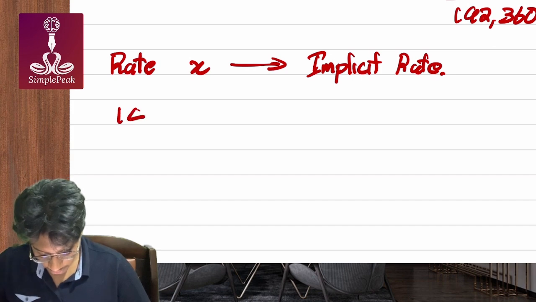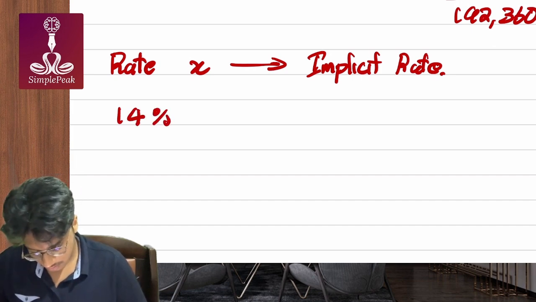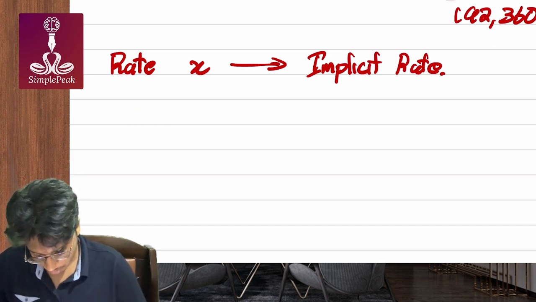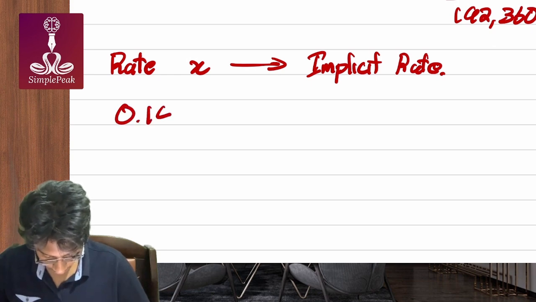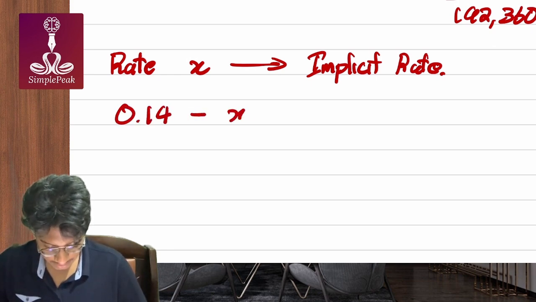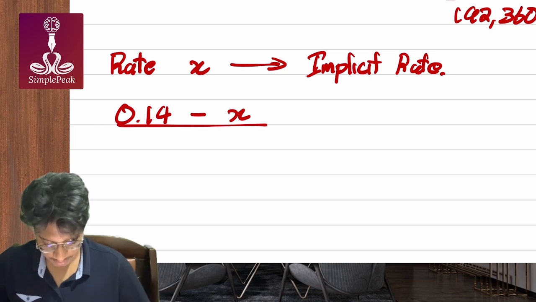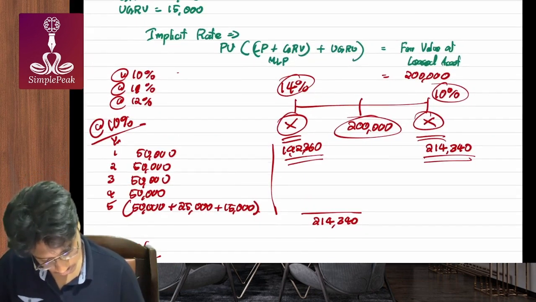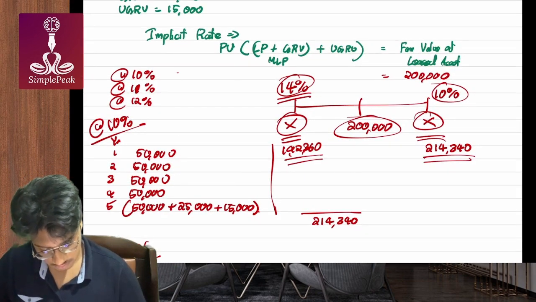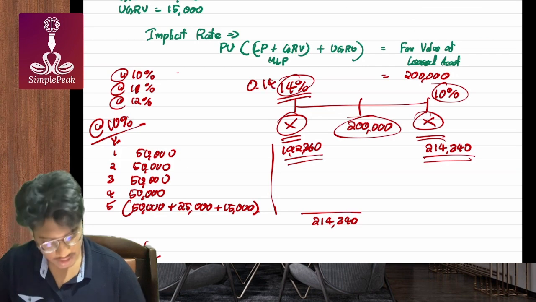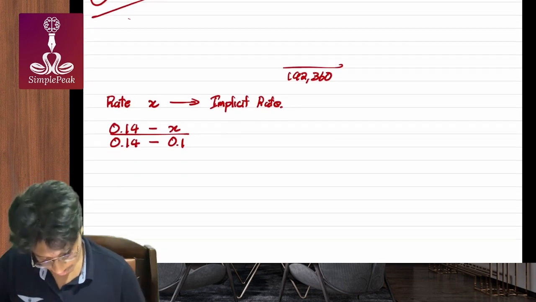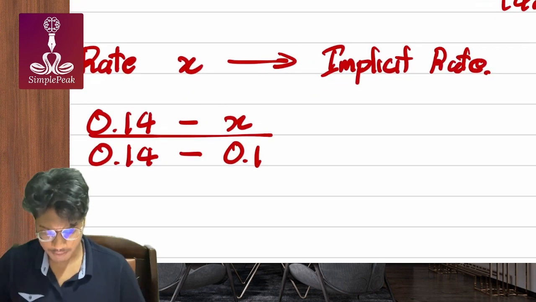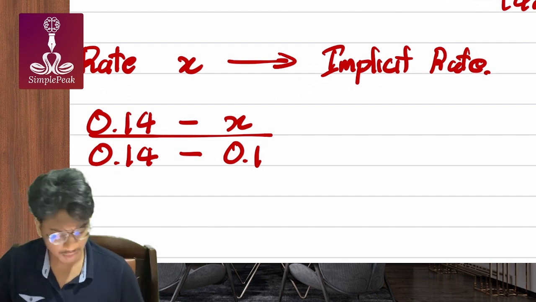So 14 percentage, or in other words, I will write 0.14 minus X divided by 0.14 minus 0.1. Okay. This is 14% is 0.14, 10% is 0.1. Okay, so 0.14 minus x divided by 0.14 minus 0.1.